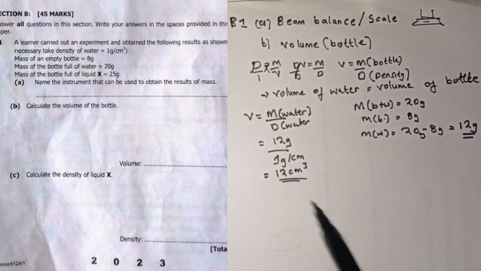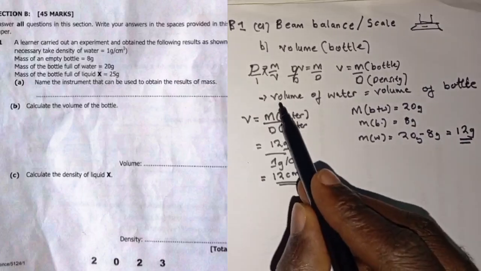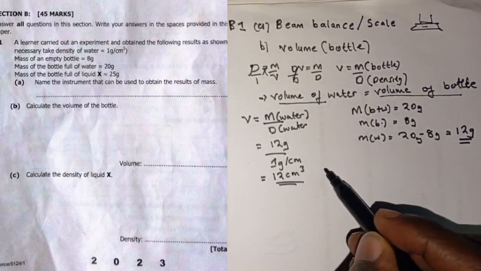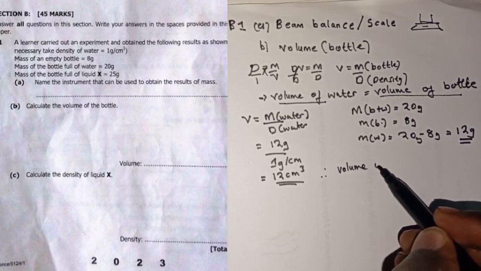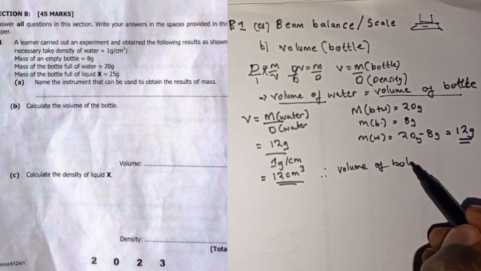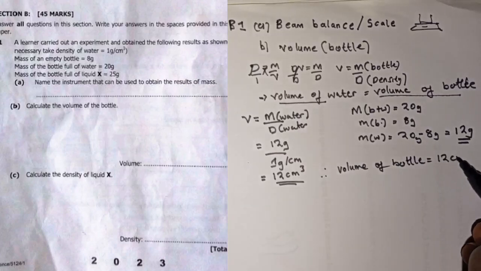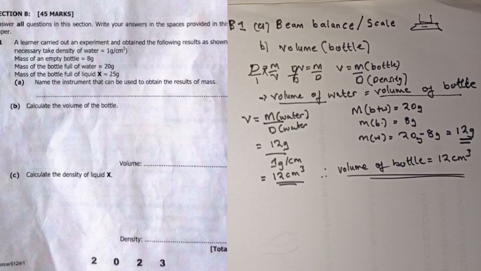Remember we said the volume of the water will equal the volume of the bottle. So hence the volume of the bottle is equal to 12 cubic centimeters. That is the volume of the bottle.